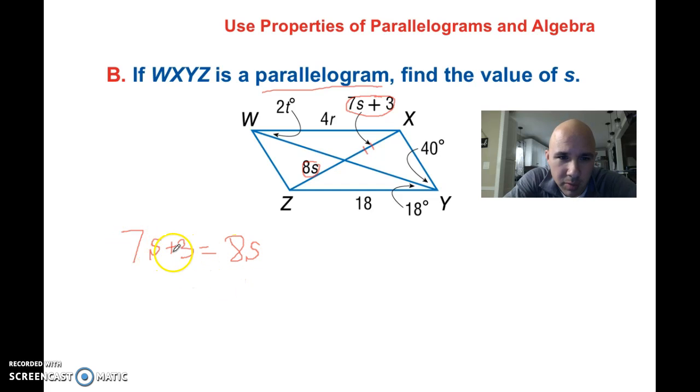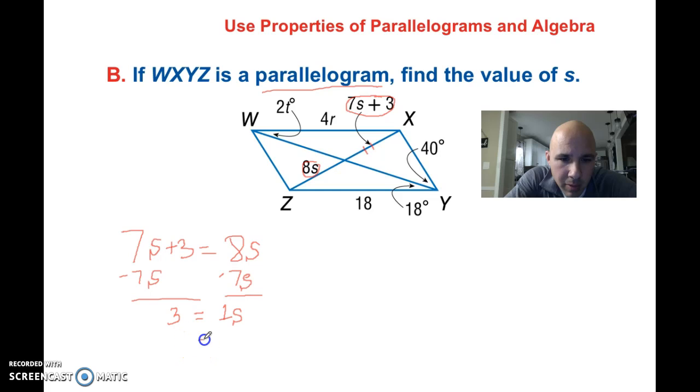Let's collect the terms. I have 7s on this side of the equal sign. Let's bring it over to its other friend. Minus 7s, minus 7s. 7 minus 7 is 0s. Bring down that positive 3. 8s minus 7s is 1s.